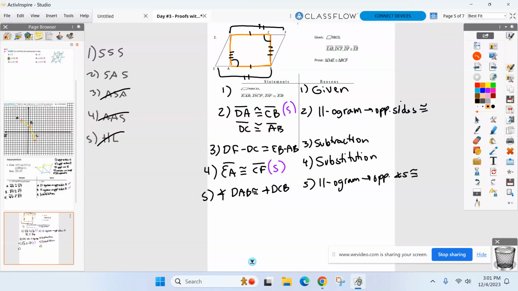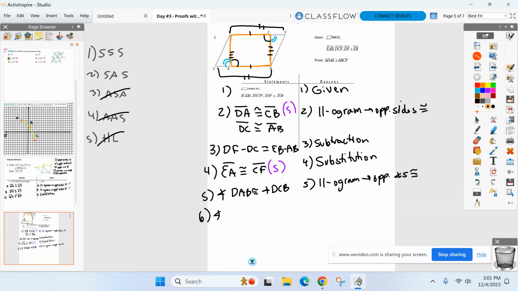Now, what the heck am I going to do with that? Well, if they're congruent, so are the angles supplementary to them, right? Supplements of congruent angles are congruent. That's how I'm going to get the other pair of angles in those triangles equal. But before I do that, I can't use that theorem unless I tell you what angles are supplementary first.